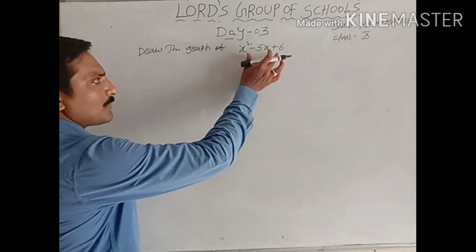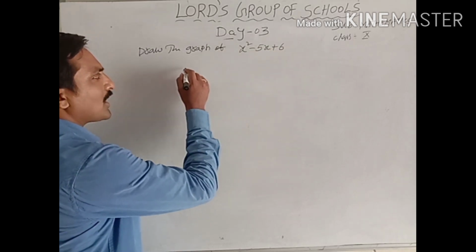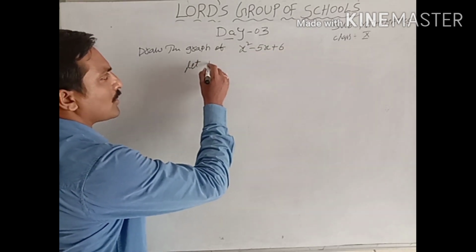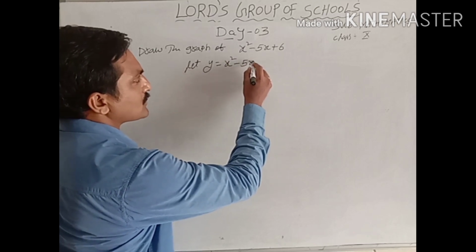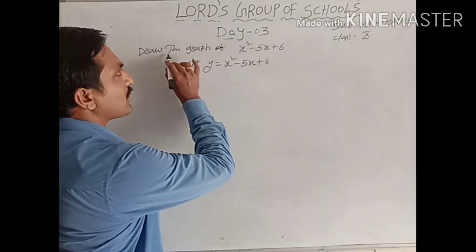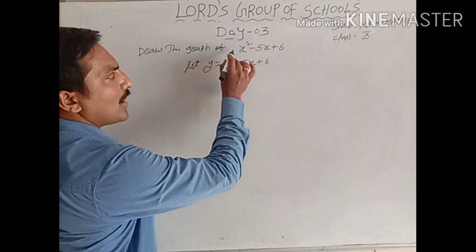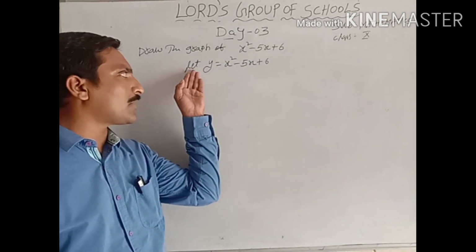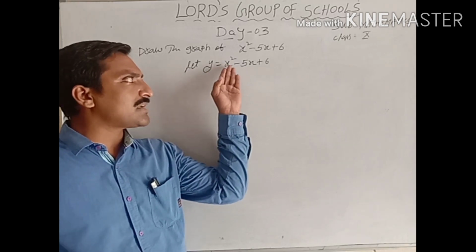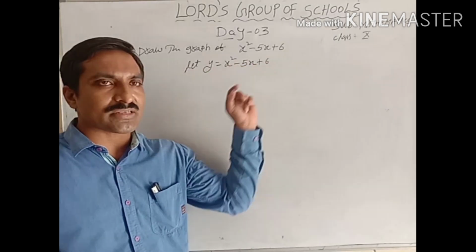What is the given polynomial? Let y is equal to x square minus 5x plus 6. In some cases, if the question says graph of y is equal to and it is not mentioned, then you have to take, let y is equal to x square minus 5x plus 6.